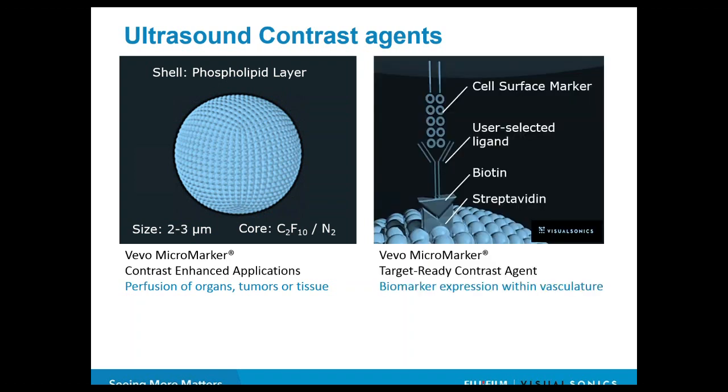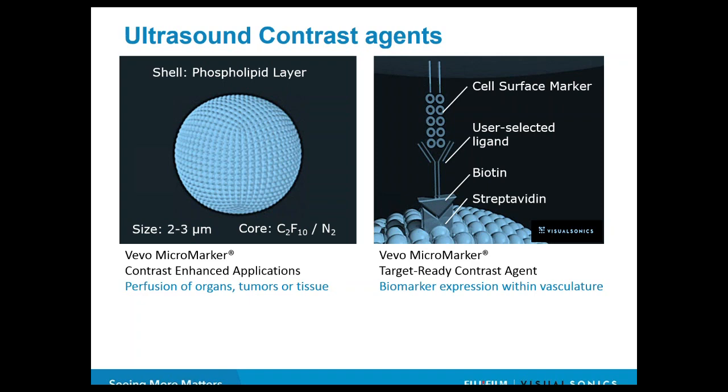Another type of contrast agent is very similar to the MicroMarker, but it is used for targeted imaging. With targeted imaging, in this case, we mean that we can look at biomarker expression within the vasculature. This is important, of course, as I just mentioned, because the bubbles stay within the vascular network. The build of these bubbles is very similar.